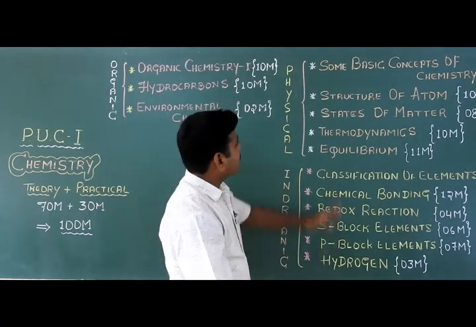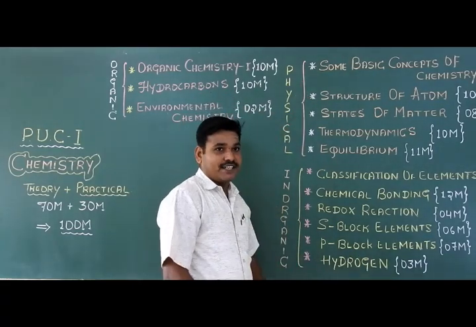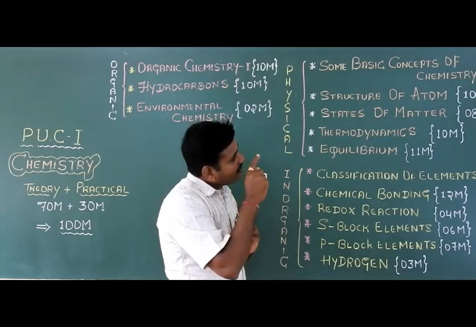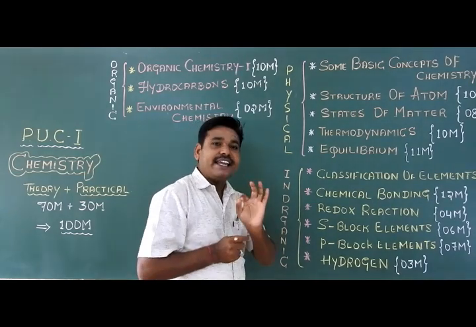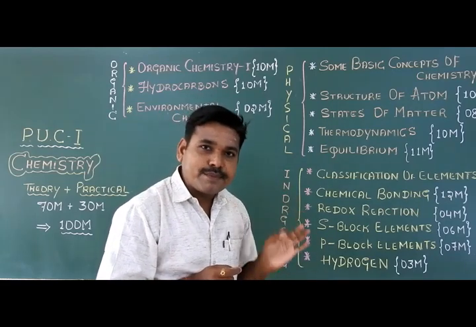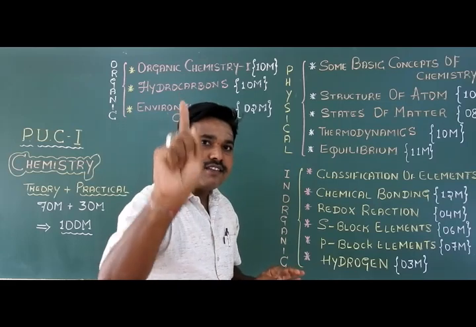It's a very important chapter, and its total weightage is 8 marks in the final exam. So what is the weightage of this chapter, students? 8 marks in the final exam.